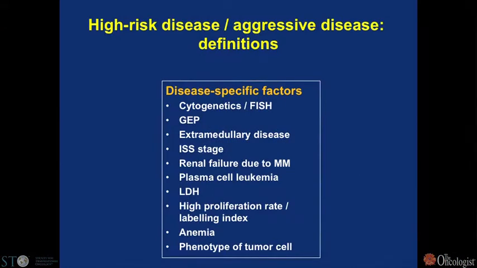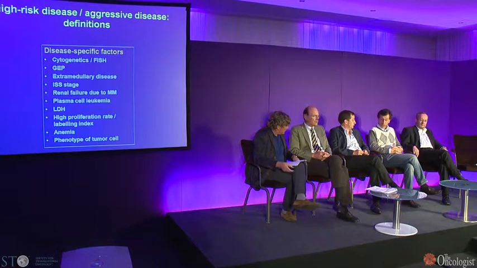Okay. So I put some things on the slide which may be considered as disease-related factors. Does the panel want to comment on this? Some of them have already been mentioned, like the cytogenetics, plasma cell leukemia. What about the others? Extramedullary disease and ISS stage? Dr. Cavo, would you like to comment?